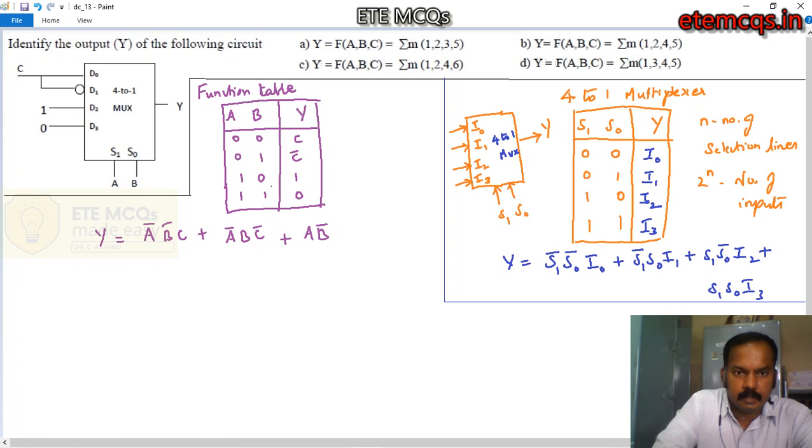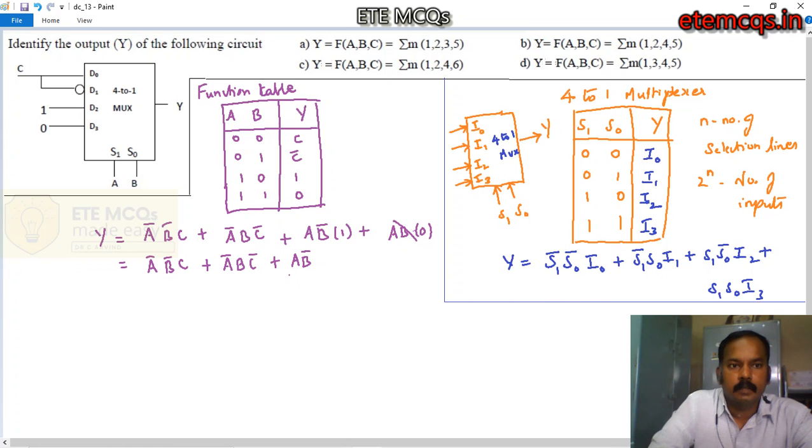It is actually dot 1. And then plus A B ANDed with 0. So this becomes 0. We will finally have Y is equal to A bar B bar C plus A bar B C bar plus A B bar. This is all we have.